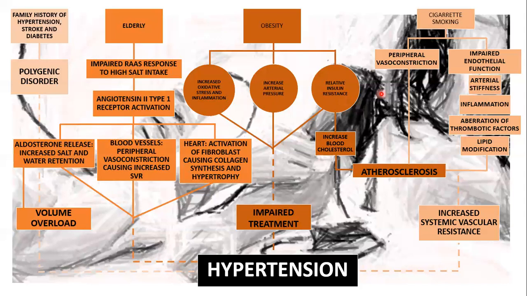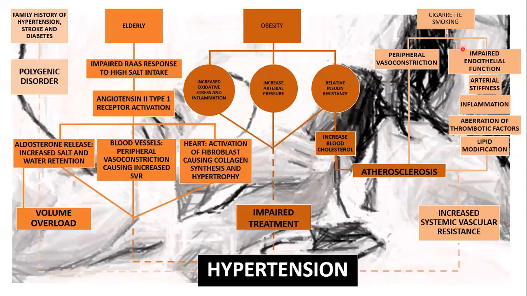Now, as for those who are cigarette smoking, there would be peripheral vasoconstriction because cigarette smoking stimulates the sympathetic nervous system and activates the alpha 2 receptors. And peripheral vasoconstriction would also lead to increased systemic vascular resistance.